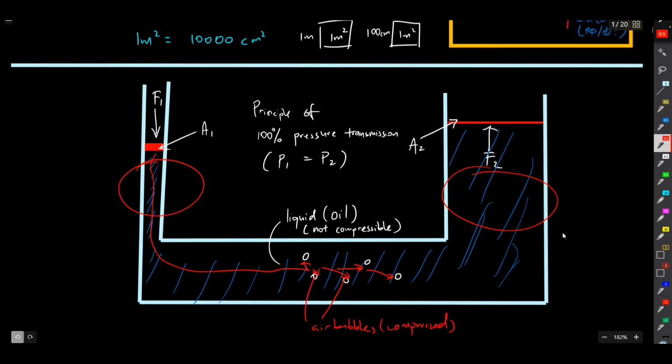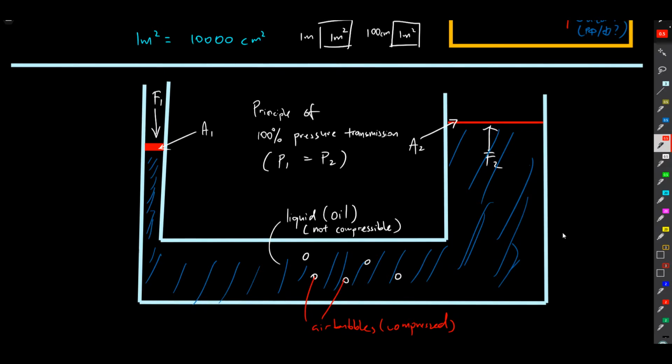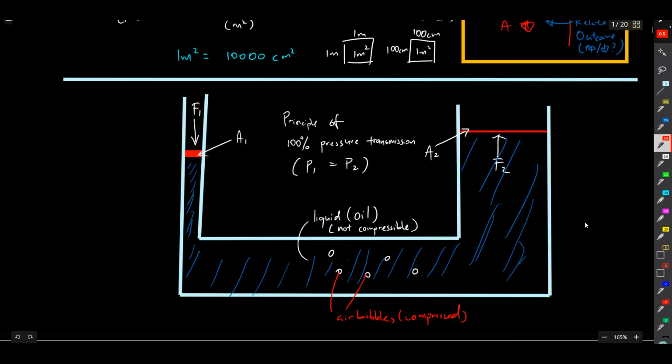So what we want is pure liquid and no air bubbles, because compressibility causes pressure to not be fully transmitted. So that's the idea of a hydraulic system.